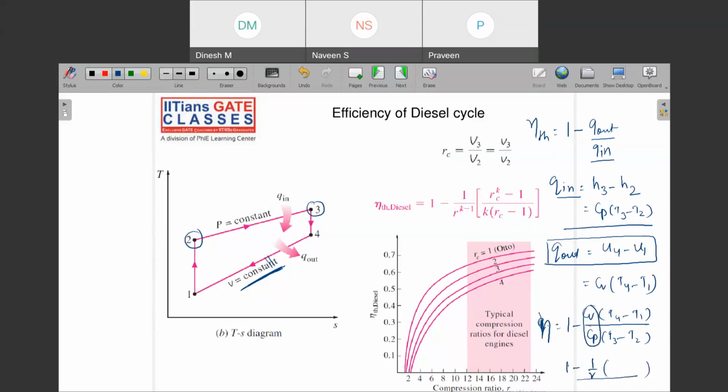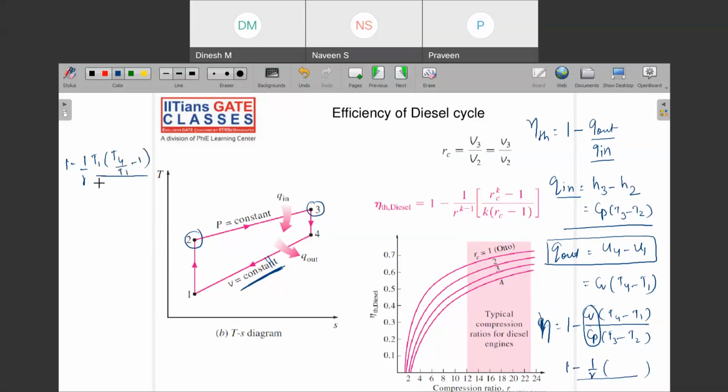Okay. So let us look at what it would come out like. So this is 1 minus 1 upon gamma into, now let us take a few parts common. I am taking T1 from the numerator, so this is T4 upon T1 minus 1.